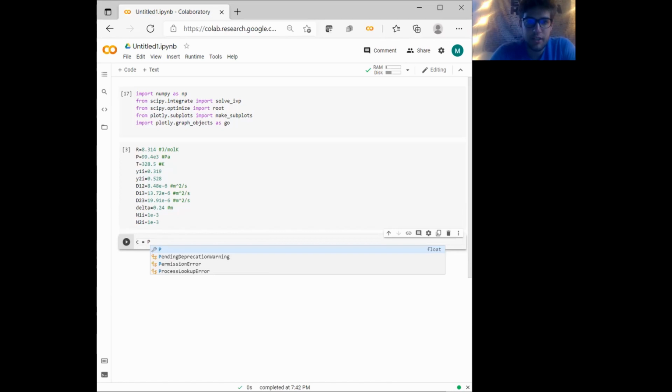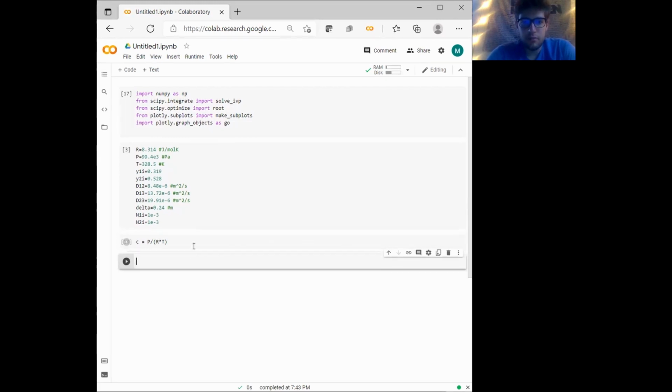We know that concentration is pressure divided by the constant R times temperature. That helps us a ton here because we have pressure, temperature, and we know the constant R, so we can find concentration through that.